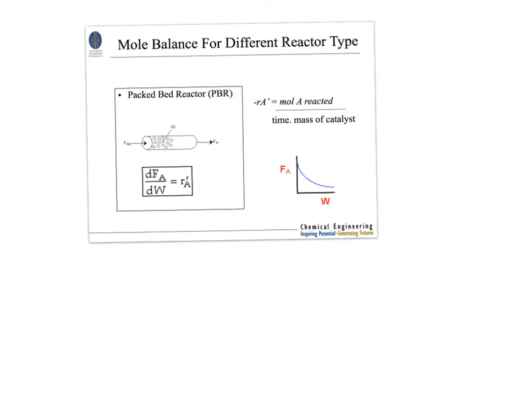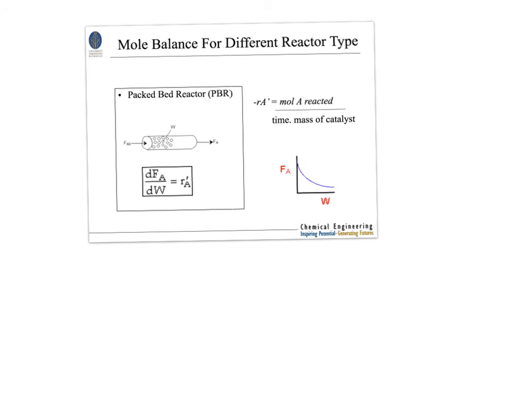Now we look at the last reactor type, the packed bed reactor, PBR. PBR is similar to PFR. The main difference is that a packed bed reactor involves a heterogeneous system, a fluid and solid reaction, and the reaction takes place on the surface of the catalyst.